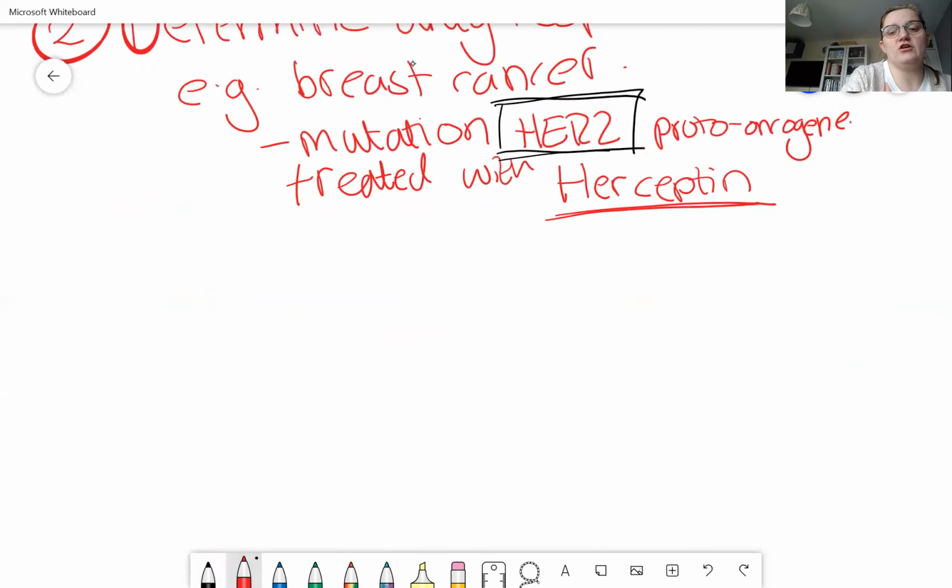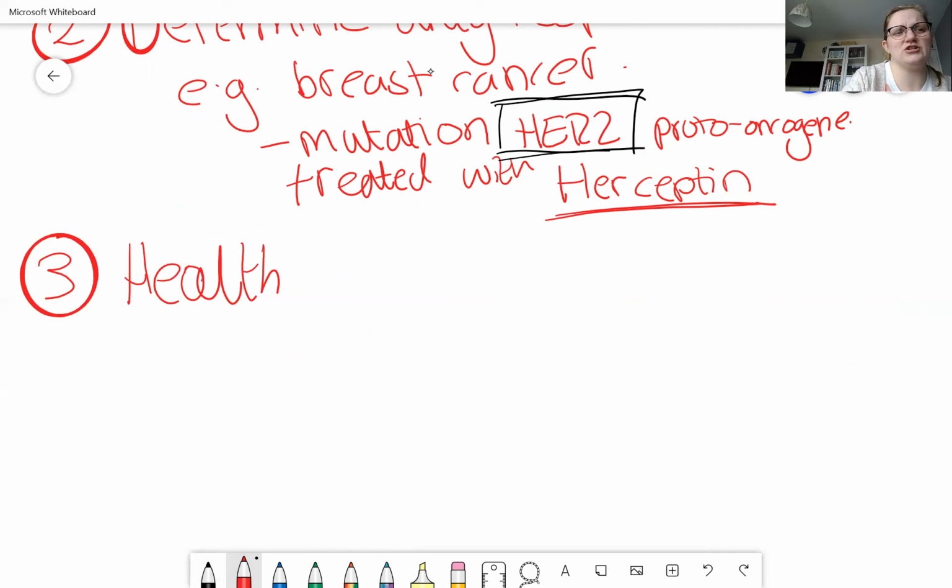Third reason and use of these DNA probes is health risks. What we mean by health risks is actually looking at how likely someone is to inherit a mutated allele.